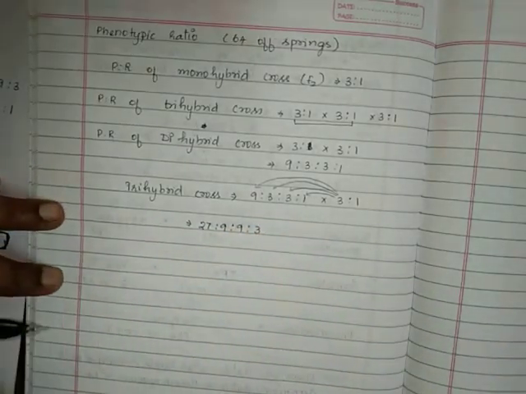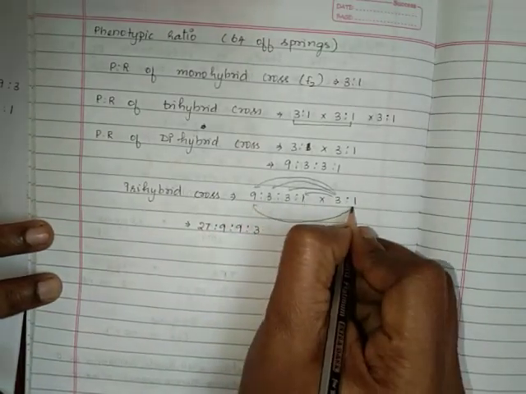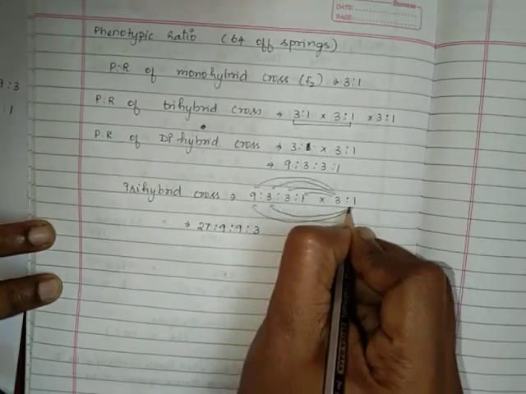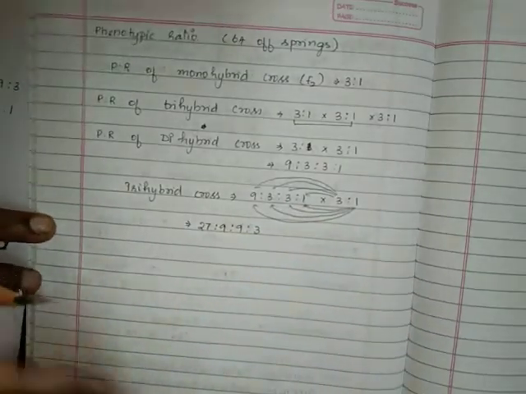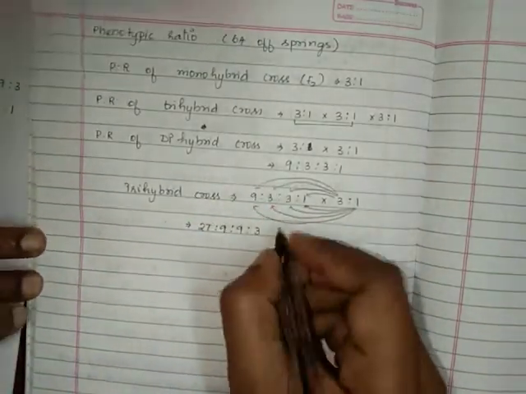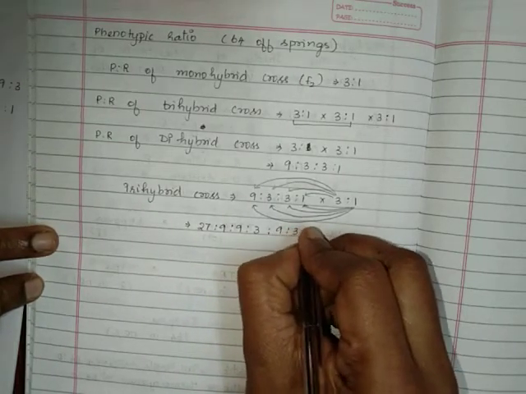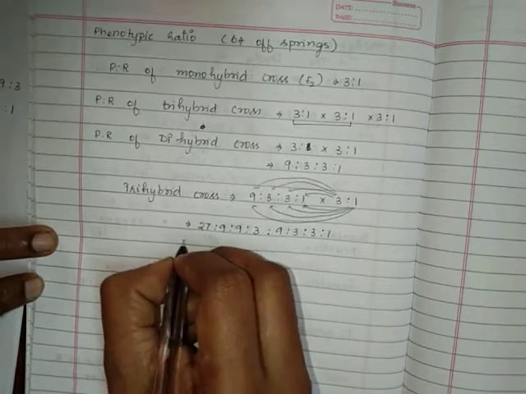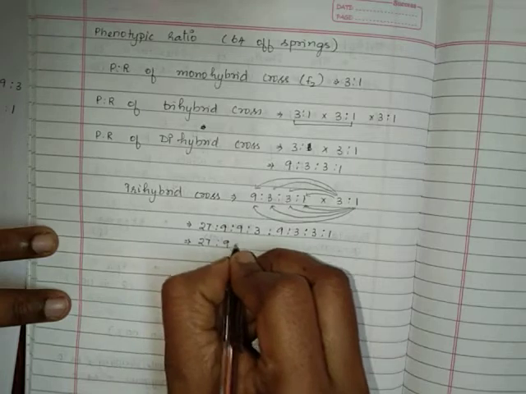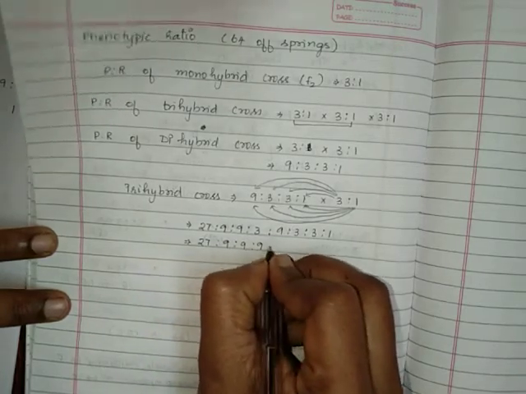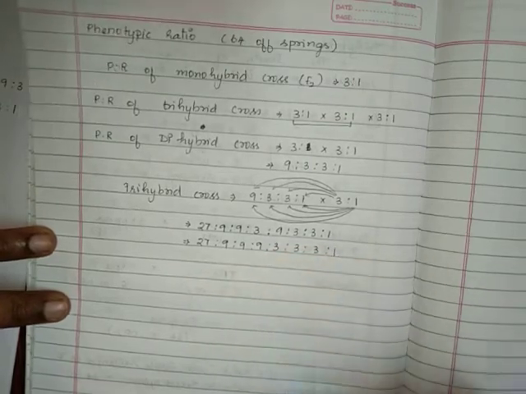You will get like this. Then multiply 1 with all these. We are not going to multiply that separately, we will just write it as it is. So it is going to be 9:3:3:1. So we can rearrange this, that is, since the numbers are in a different order, we will rearrange it and write it; there is no other calculation done here. Simply, this is how we get this ratio.